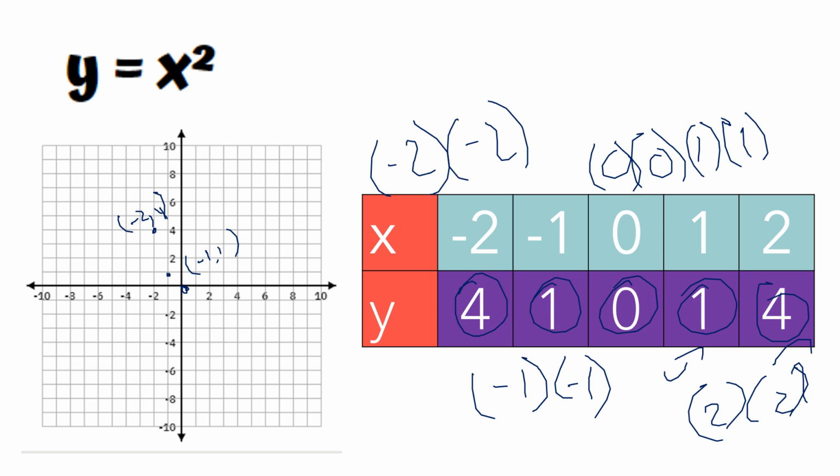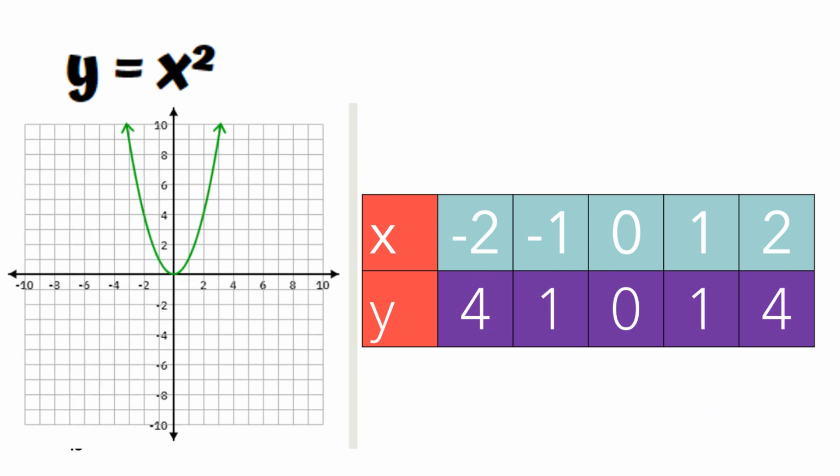Put a dot at (1, 1), and a dot at (2, 4). And then you want to connect the dots. Remember, a parabola is a curved line, so you want to curve this the best you can. I'll let you pause the video and get some work done on your own, and I'll see you on the next slide.